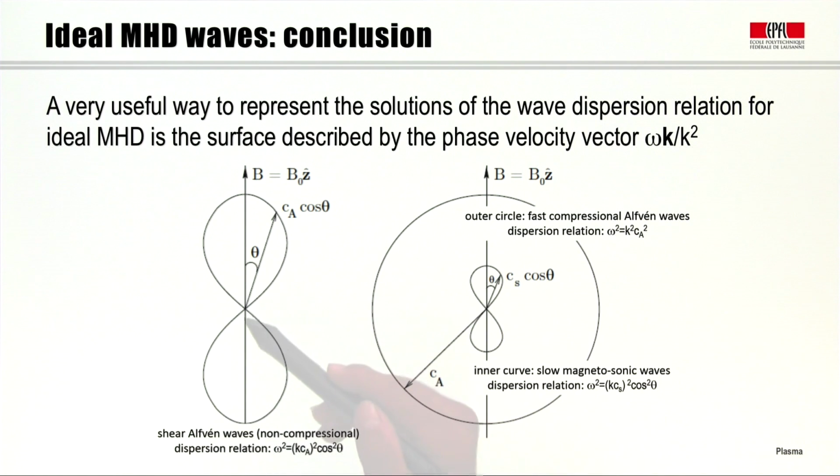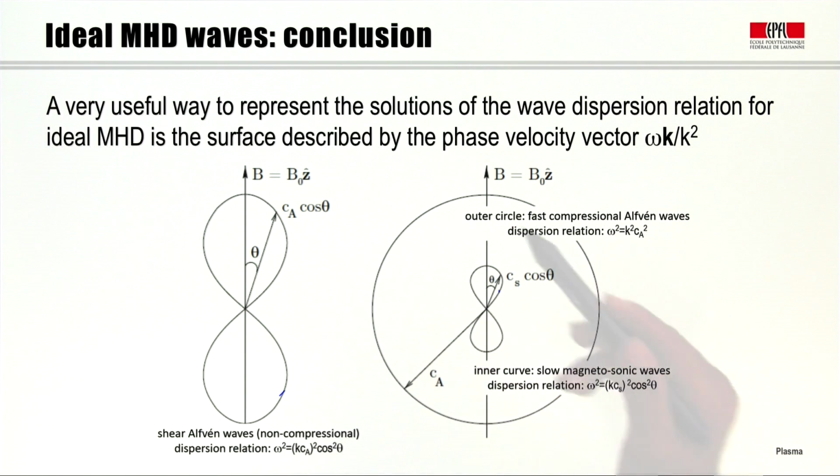If we draw this curve, we obtain a figure eight along the axis of the magnetic field, and the effective radius of this eight is Ca cos theta. In the second case, we have the dispersion relation for waves which have a longitudinal component. We have an inner figure that is again another eight. This corresponds to the slow magnetosonic wave, for which the dispersion relation is omega square equals k square Cs square cos square theta. The radius is Cs cos theta, so it is much smaller than Ca cos theta.